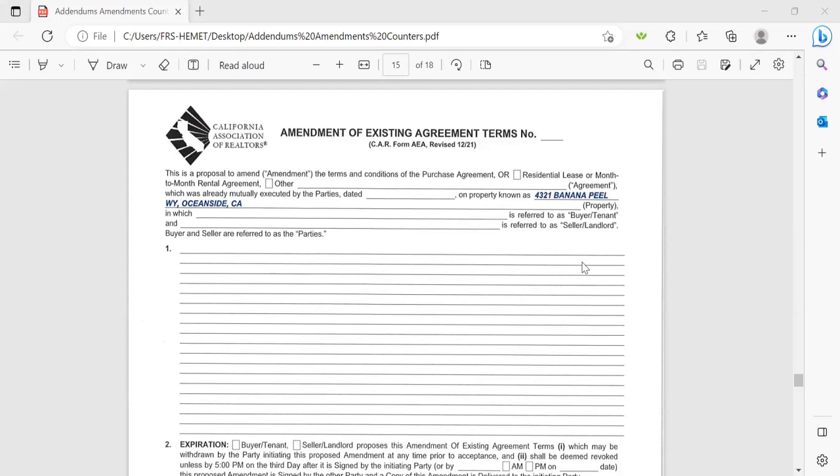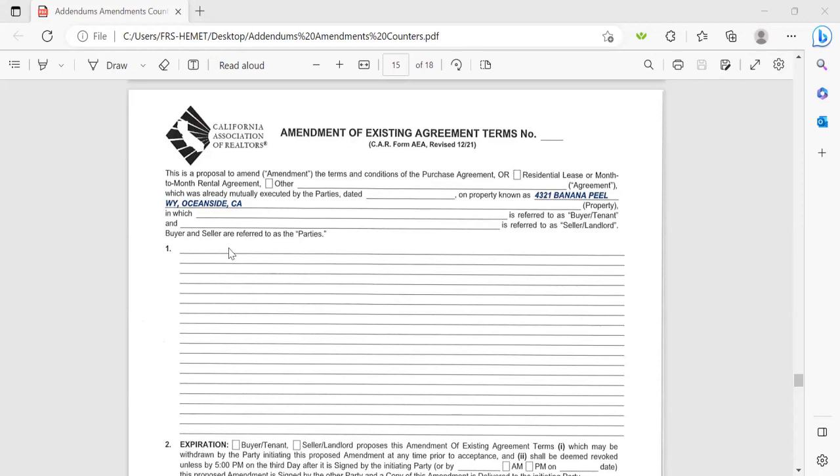So maybe they're going to add mom and dad to the contract to increase the income. And mom and dad are willing to get on there and co-sign. Maybe the appraisal was done and the purchase price came in $25,000 less than you had offered on the property.